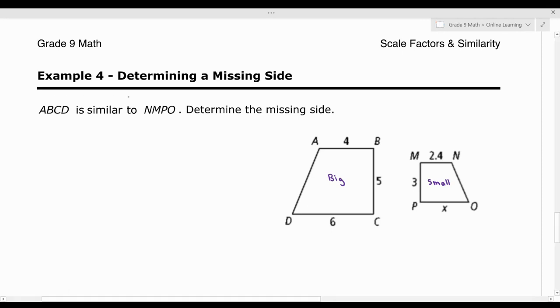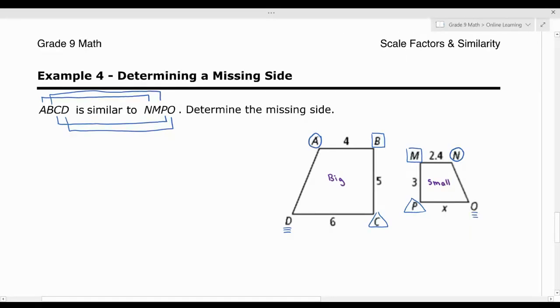So I know from that, the way it's labeled, angle A is going to match angle N. Angle B is going to match angle M. And then angle C is matching angle P. And then last, angle D is matching angle O.